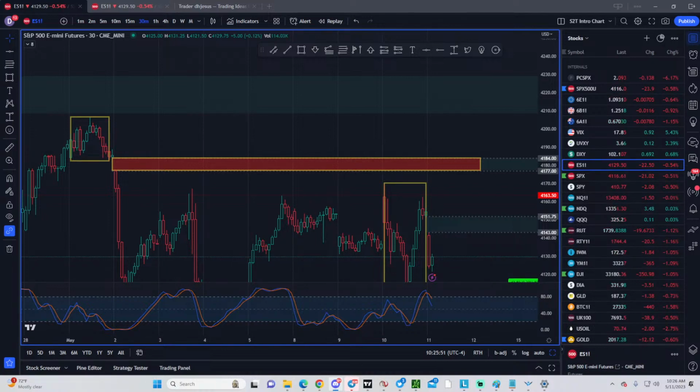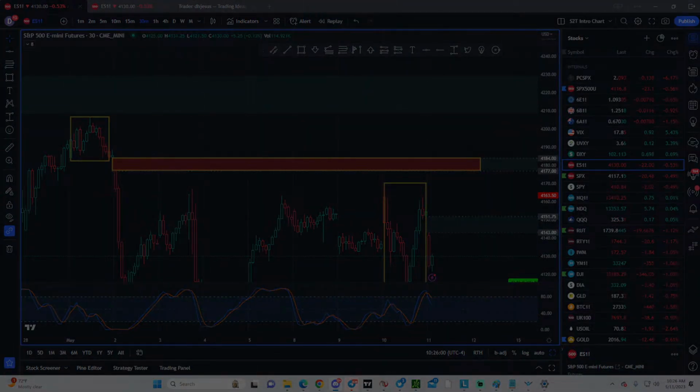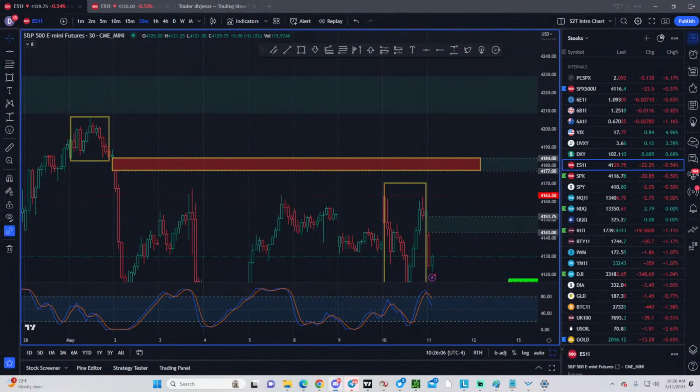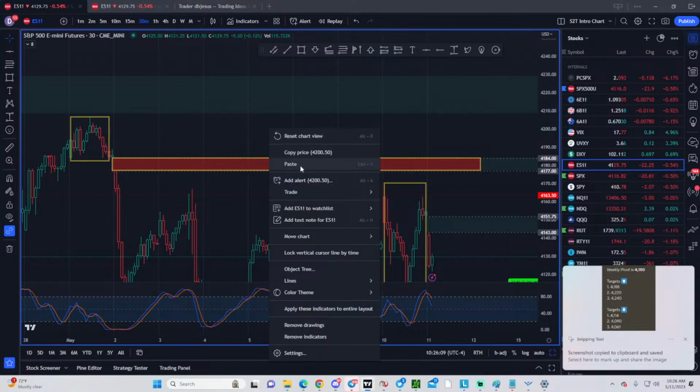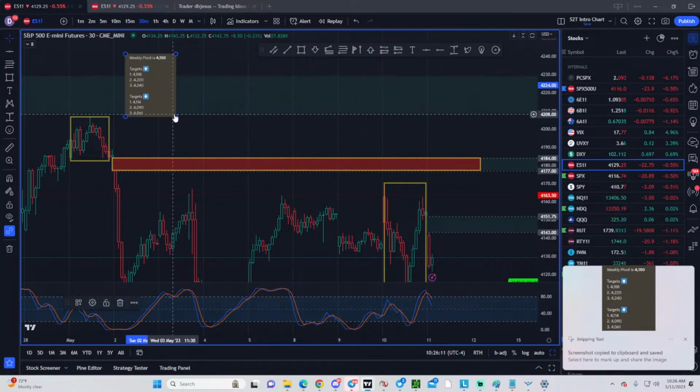I hope people take advantage of this, because I sacrifice my own trading to make sure you guys get good information. So look at the targets for the week.